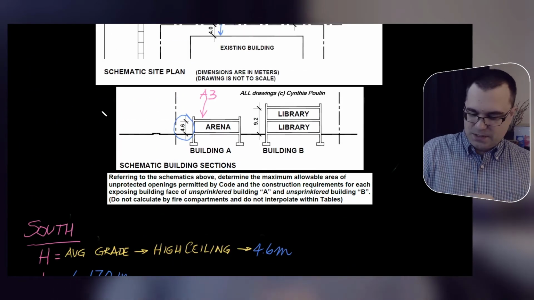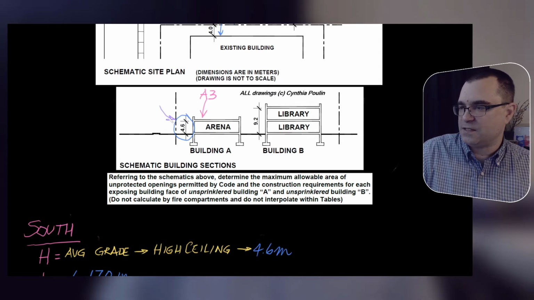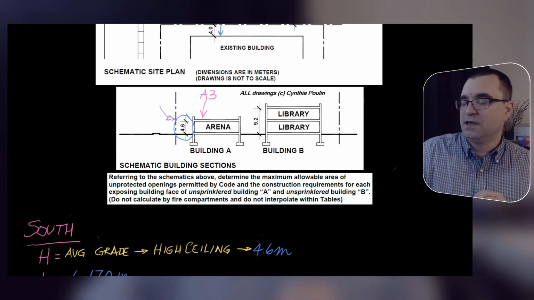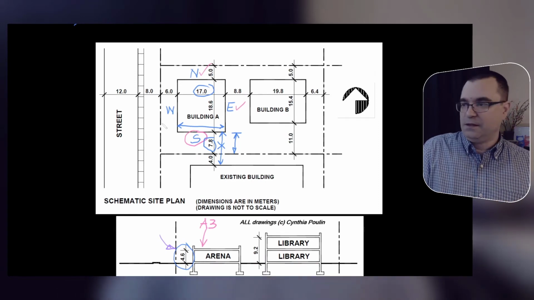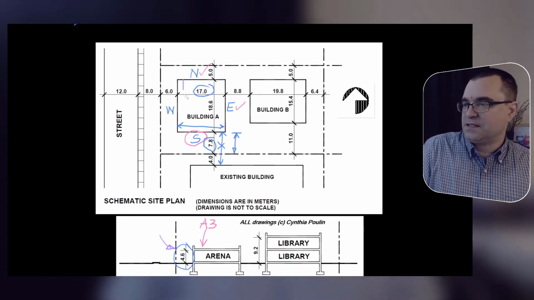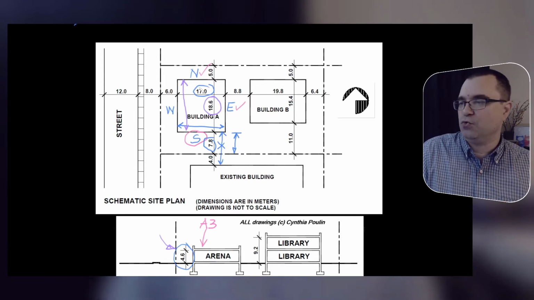Well, the H is unchanged. It's from average grade to the highest ceiling, and as shown on this specific drawing, it's 4.6. The horizontal distance, L, is this distance right here, which on this drawing is shown as 18.6. Okay, cool.